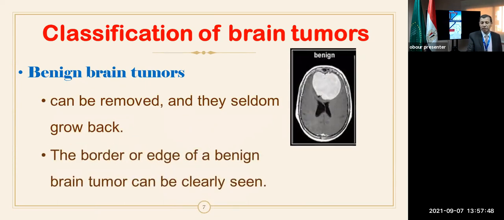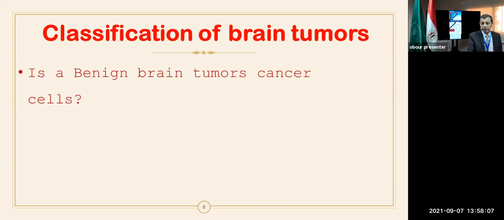Also, its border and edge are more clear, which means we can deal with this disease in an easy way. The question here: can this type of tumor be considered a cancer? The good news, no.